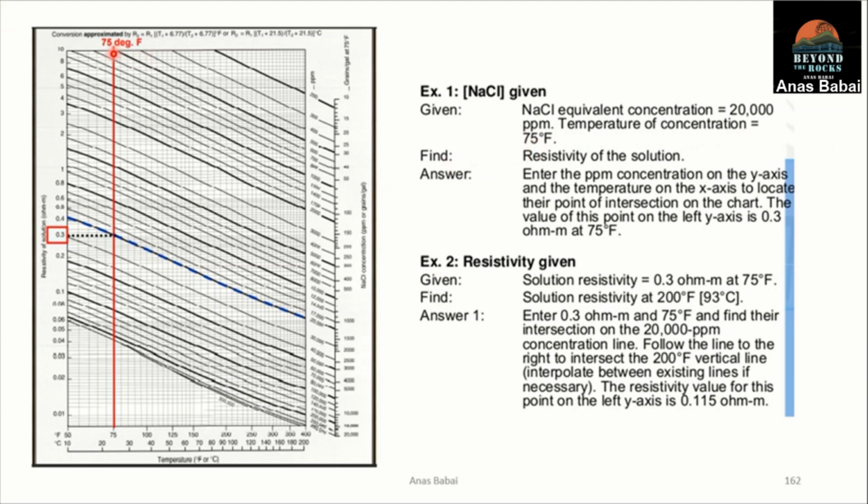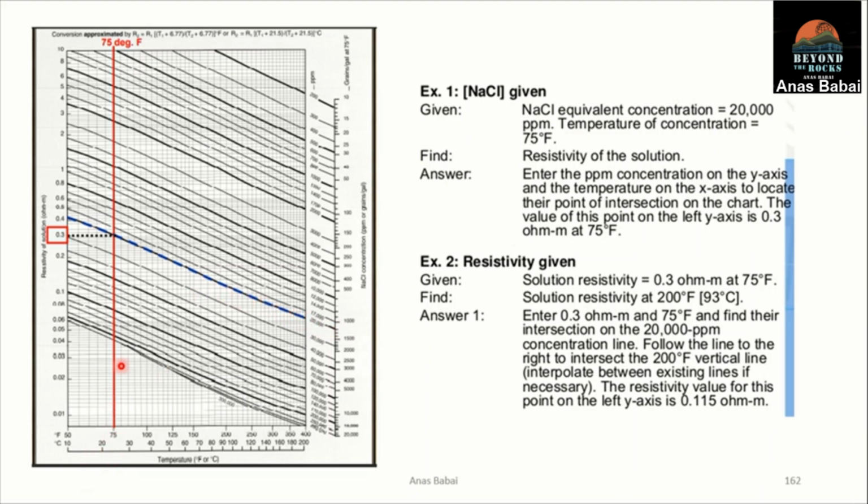This is the temperature in Fahrenheit, this is the temperature in degrees Celsius. So this is 75, and those are the concentrations. We look for 20,000, which is this line here.